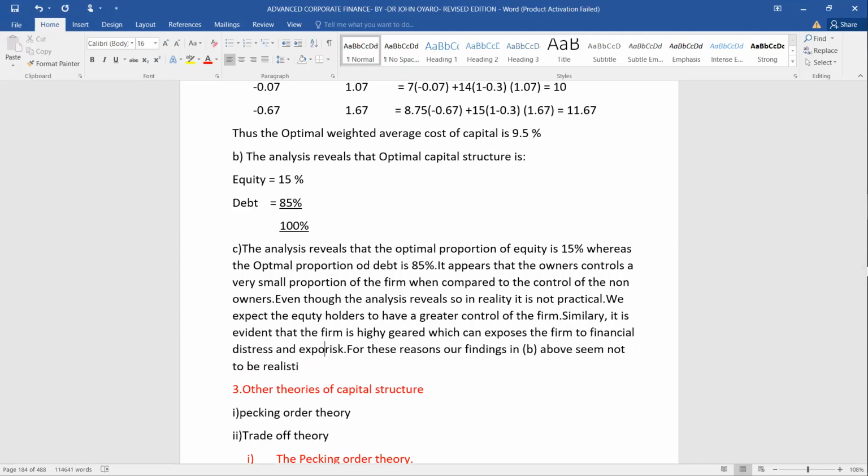For these reasons, our findings in B above seem not to be realistic in practice.